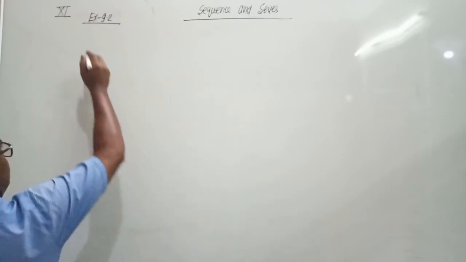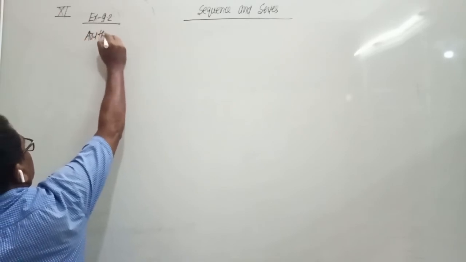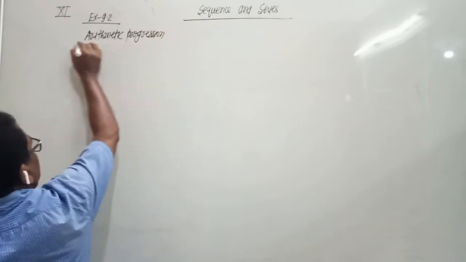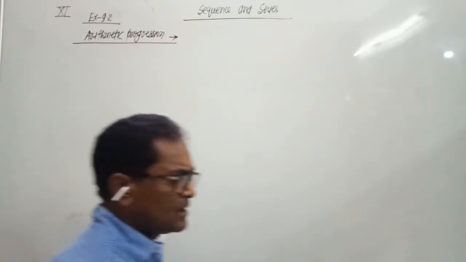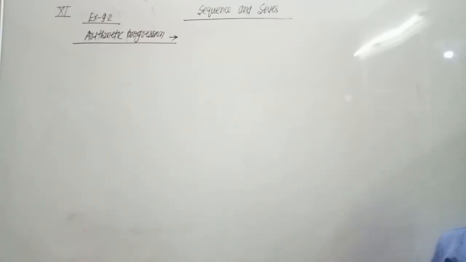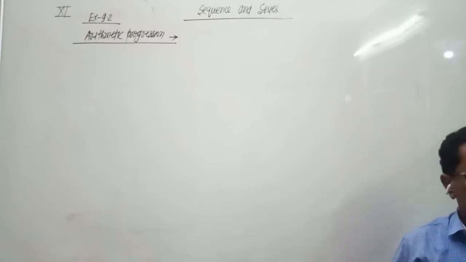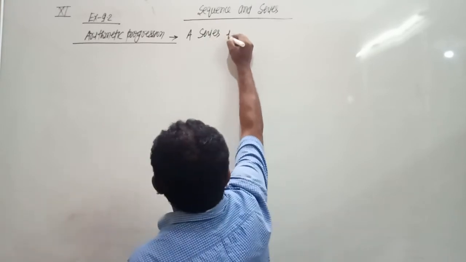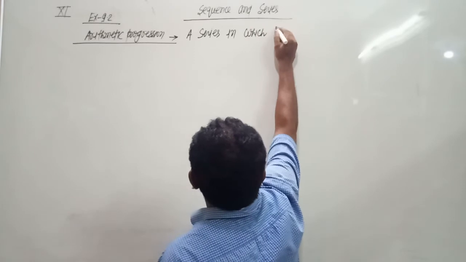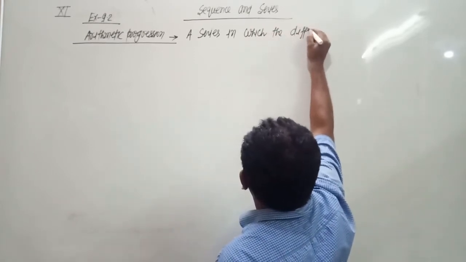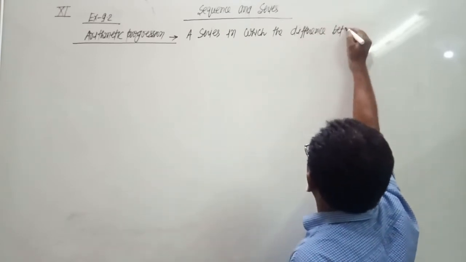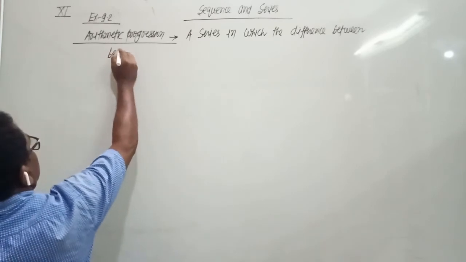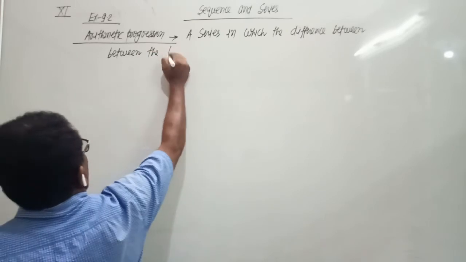We talk about arithmetic progression. A series in which the difference between two consecutive terms remains constant is called arithmetic progression.